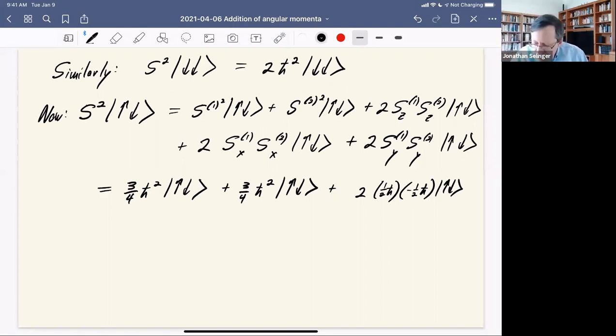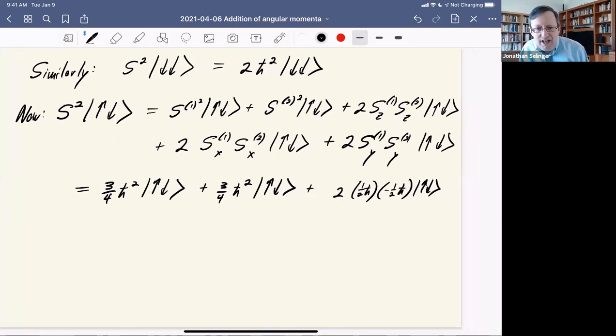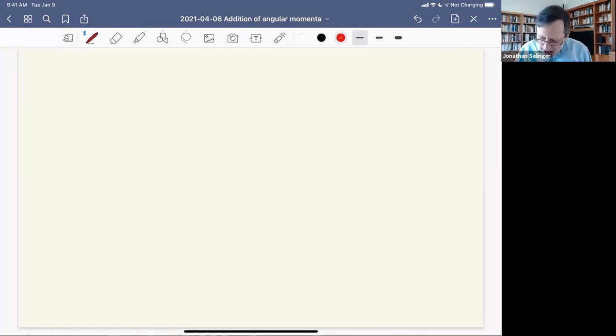Now what about with the x's acting on this? So what does S2x do to the state up, down? Well, again, let's go to our scratch paper.